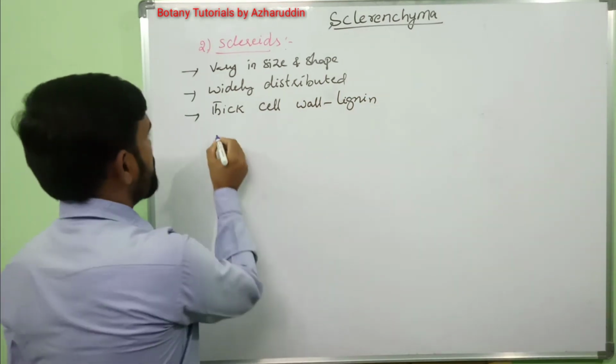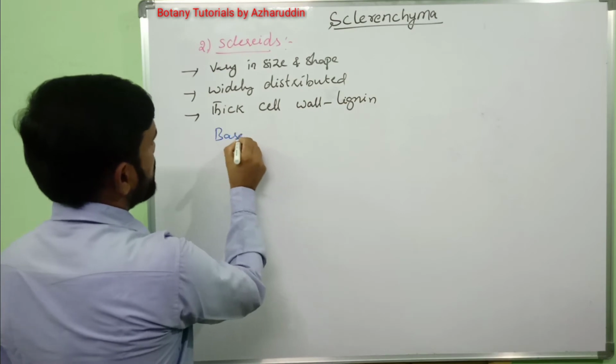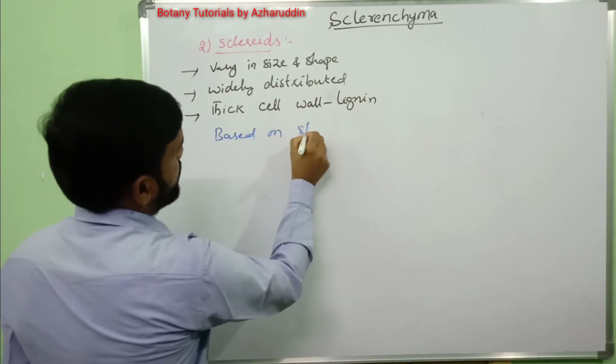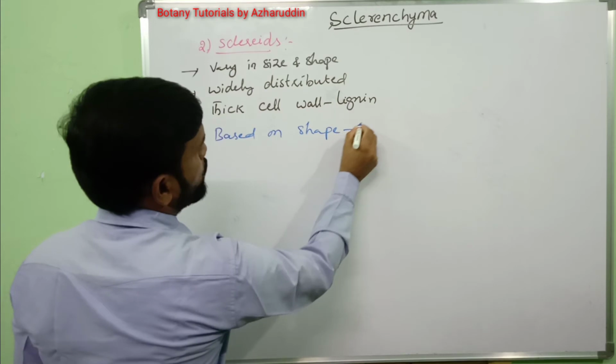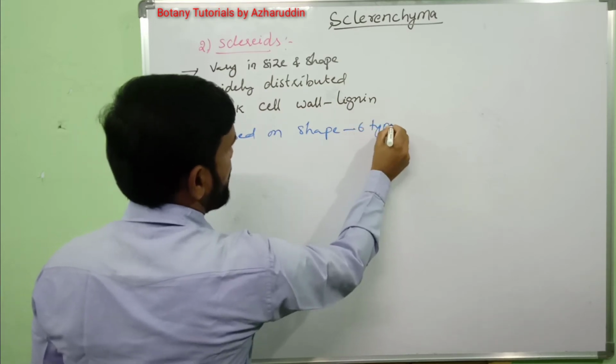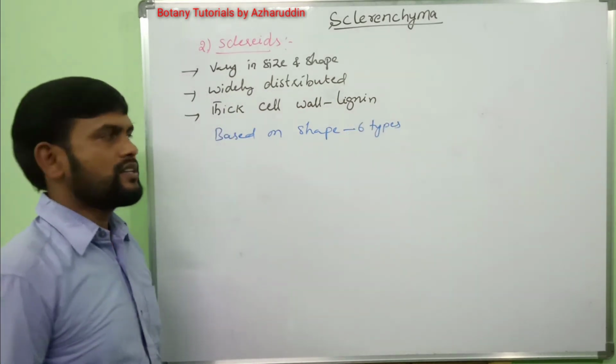Based on their shape, sclereids are classified into 6 types. How many types? 6 types.